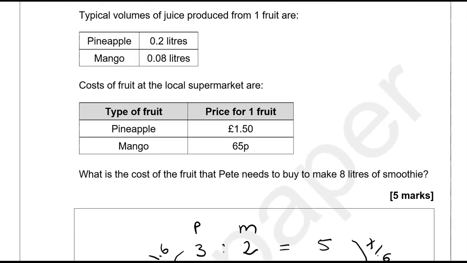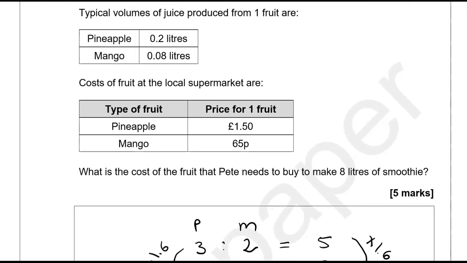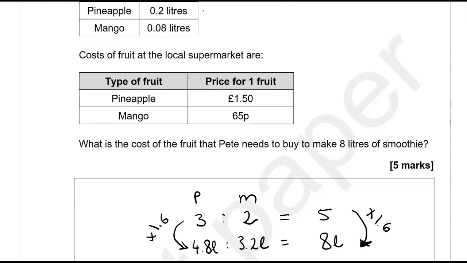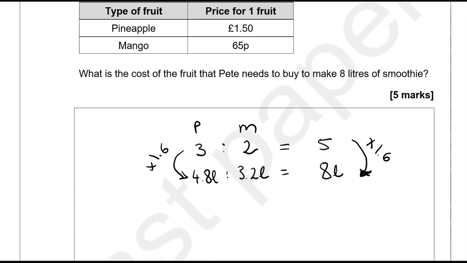We're also given that one pineapple can produce 0.2 litres of pineapple juice. So how many pineapples will we need? So we're going to go 4.8 divided by 0.2 equals 24 pineapples.